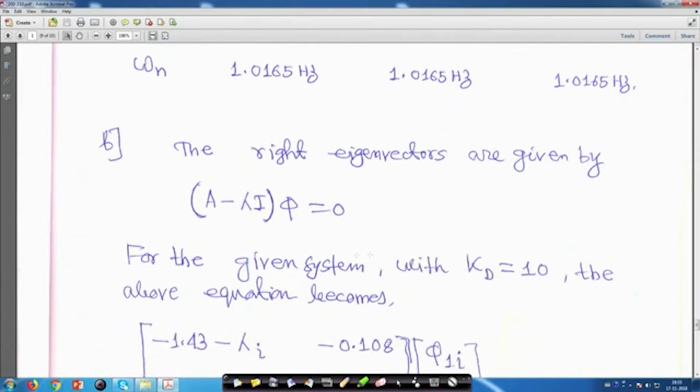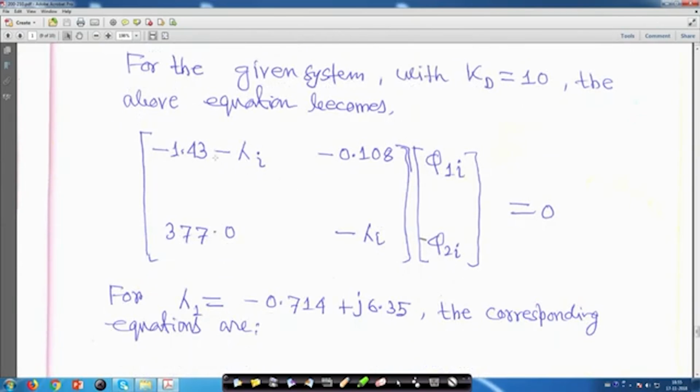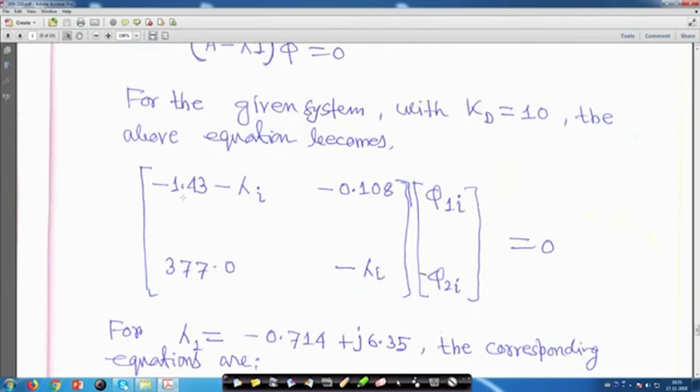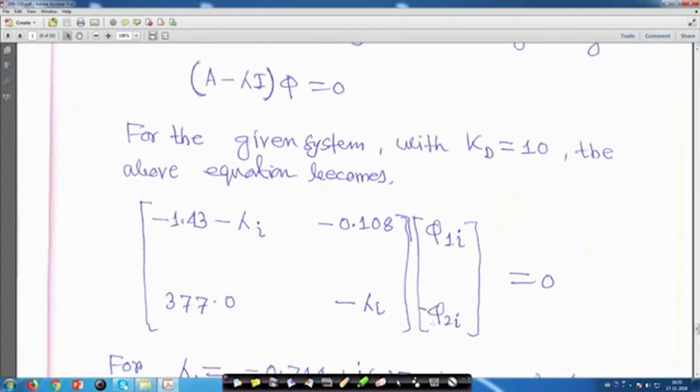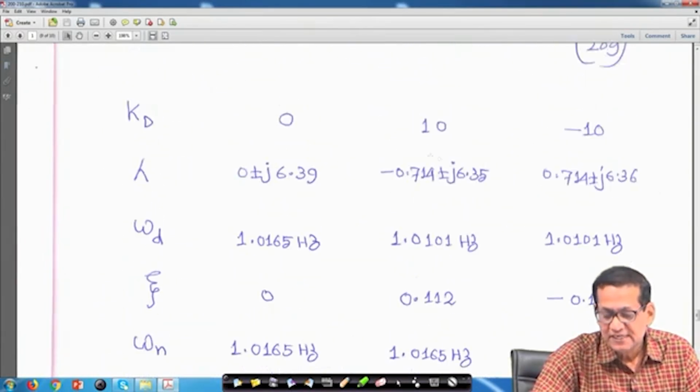From the given system with kd equal to 10, this equation becomes minus 1.43 minus lambda I, minus 0.108, 377, minus lambda I, times phi 1 I, phi 2 I. This is for the ith eigenvalue, and kd equal to 10 means we will consider this eigenvalue.